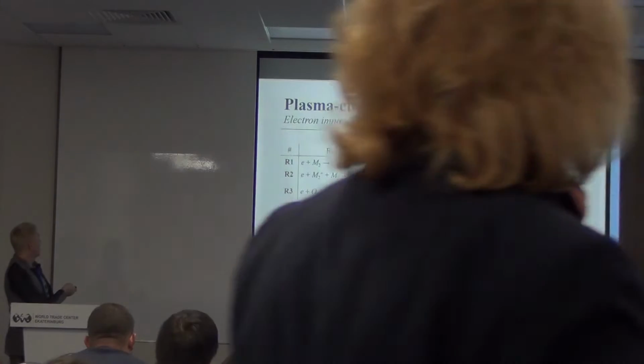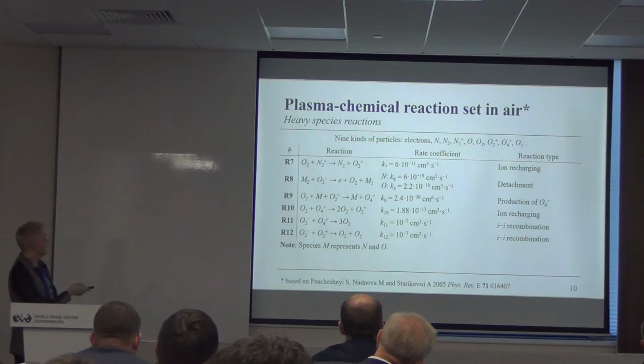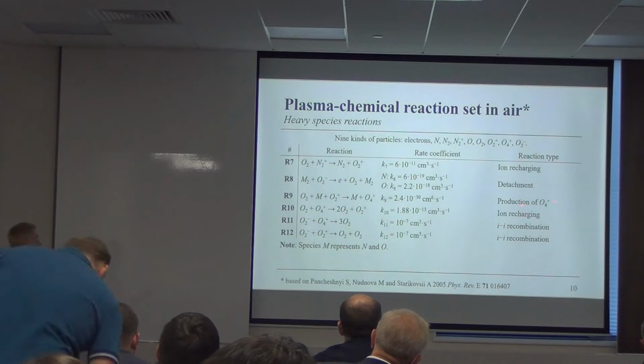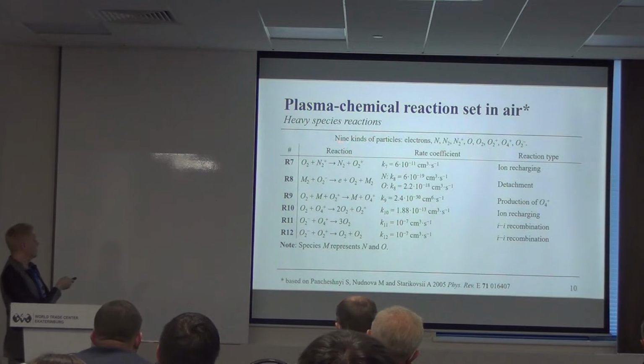Electron impact reactions and heavy species reactions are included: recharge, detachment, and recombination, and production of O4+. And we included nine ion species, including O4 plus ions, O2 minus ions, and the others.